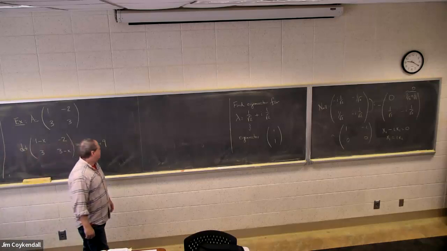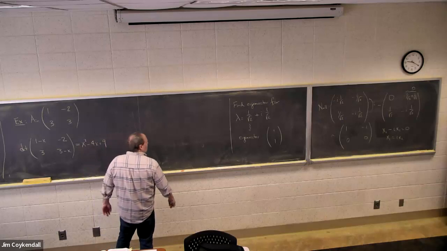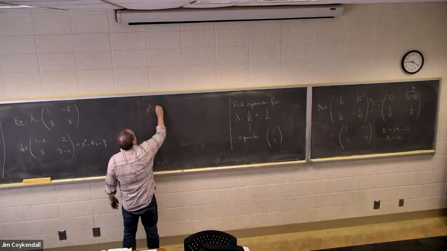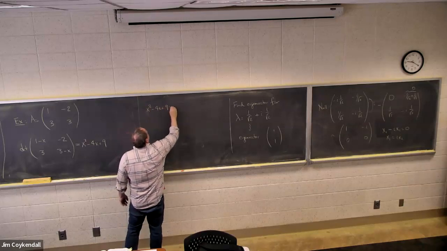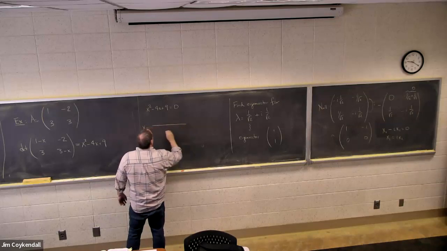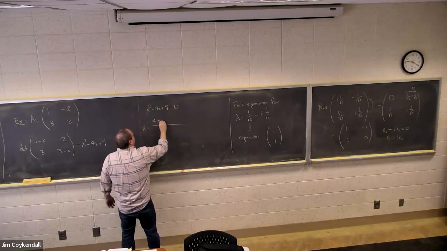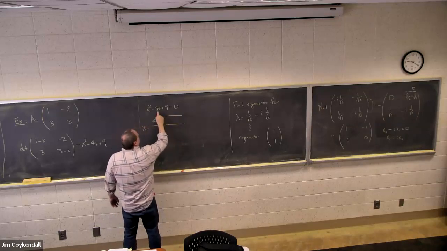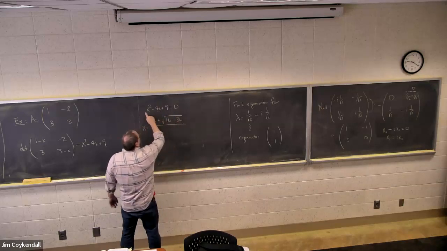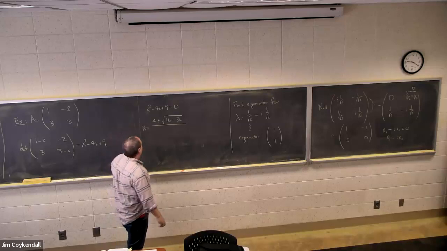Now this gives me... so what are my eigenvalues here? Well, set this equal to 0, use the quadratic formula, and I get 4 plus or minus the square root of the middle term squared minus 4 times 1 times 9, all over 2.